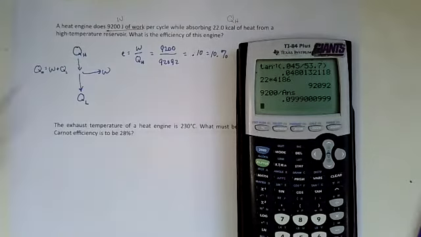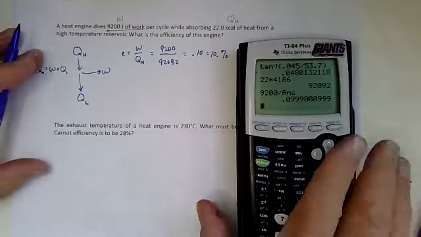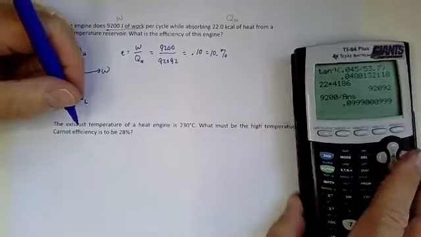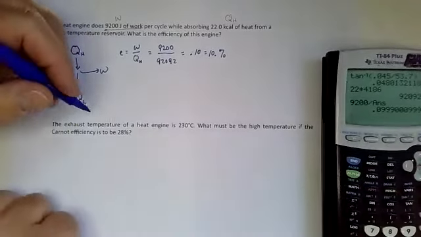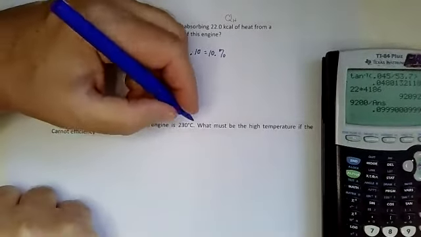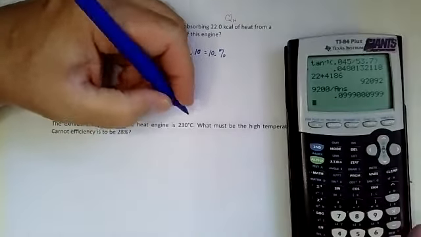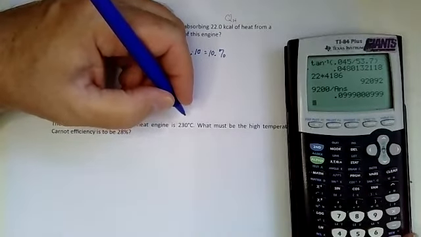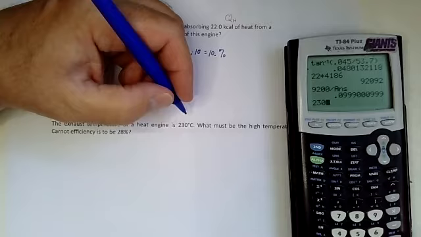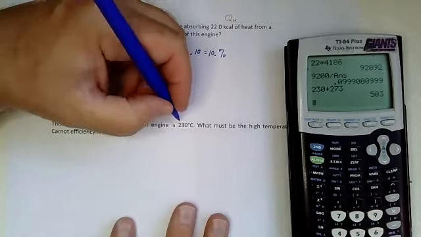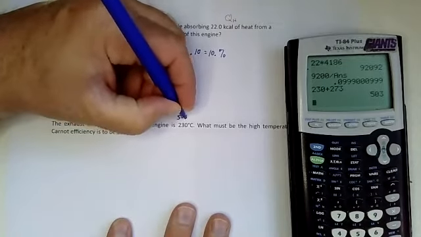Okay, now, in our next problem, we take a look at the exhaust temperature of a heat engine, which is 230 degrees Celsius. Well, that's a problem, so we're going to convert that. 230 plus 273. Okay, so 503 Kelvin.